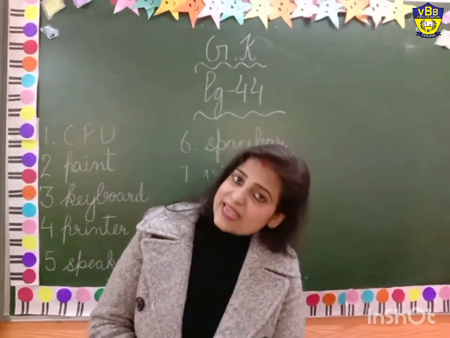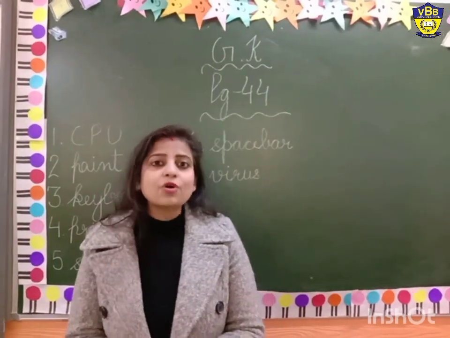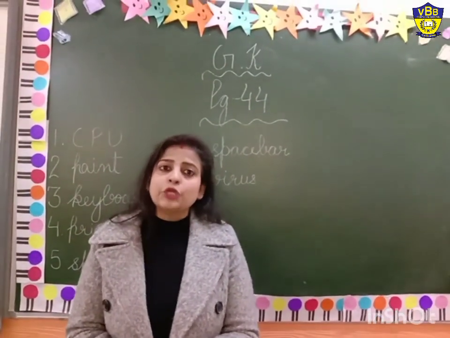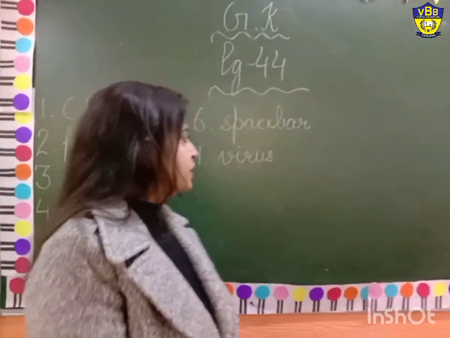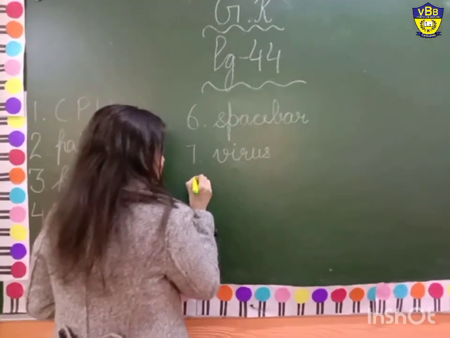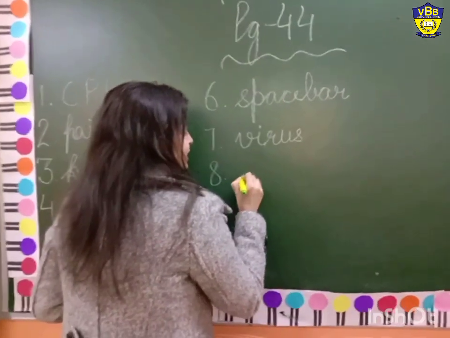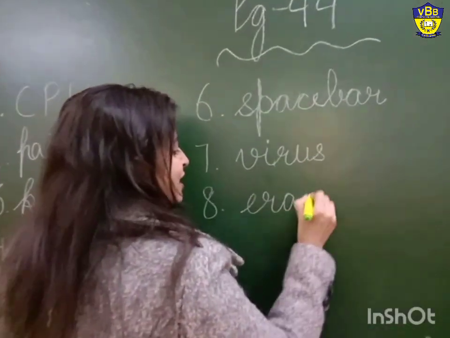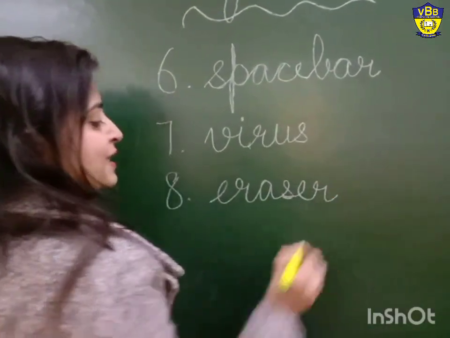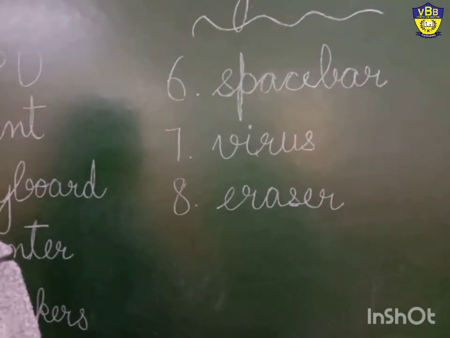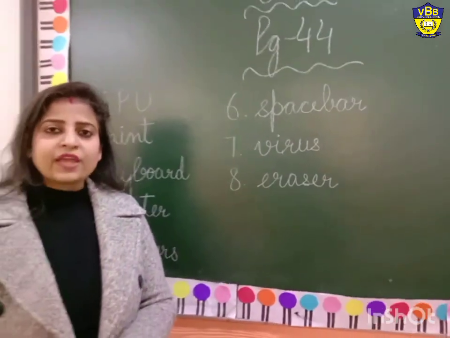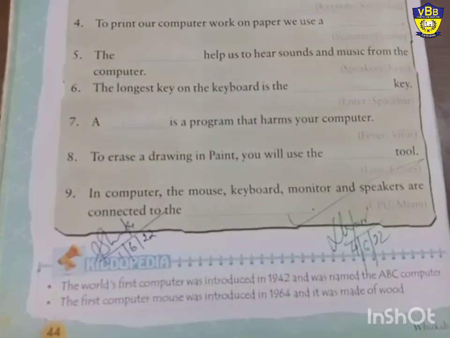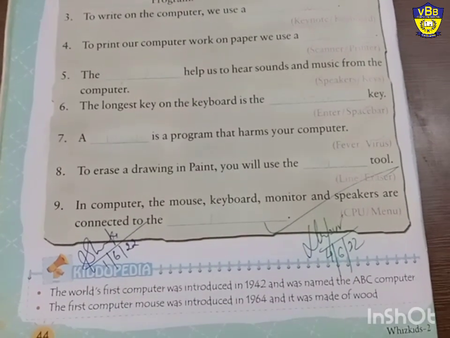In the same way in the computer also, we use the eraser tool to erase that thing. So write down eraser, E-R-A-S-E-R, eraser. We use the eraser tool to erase something from the drawing.